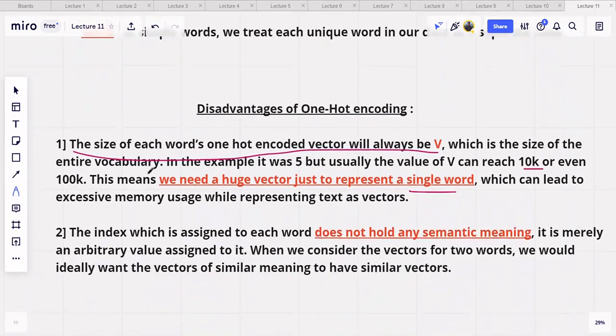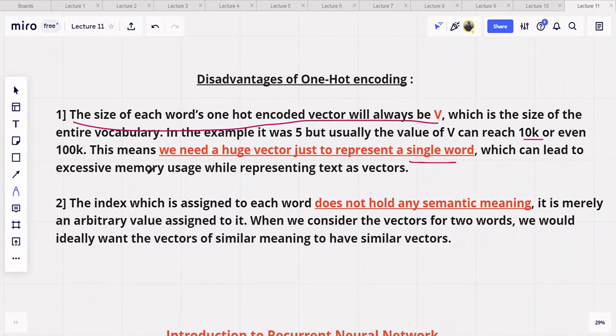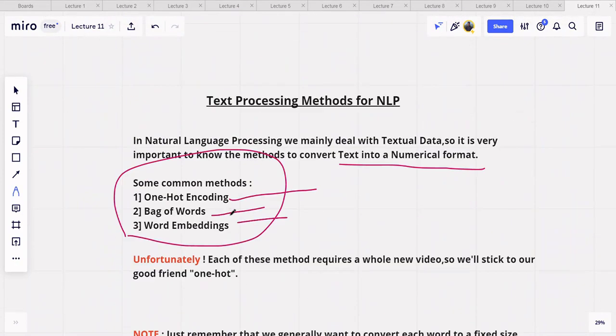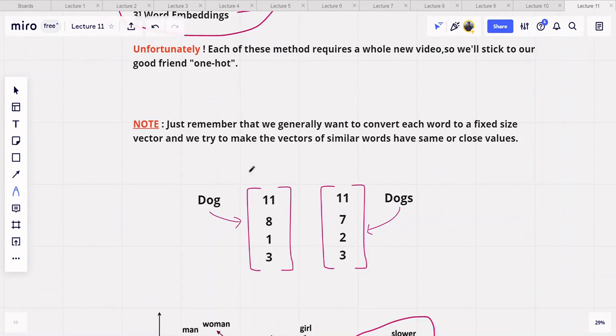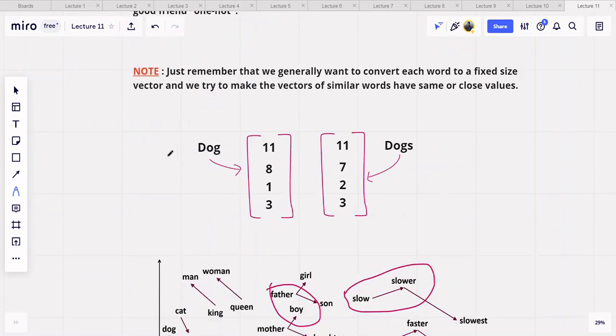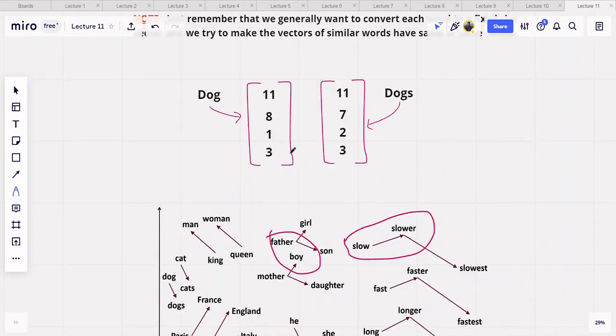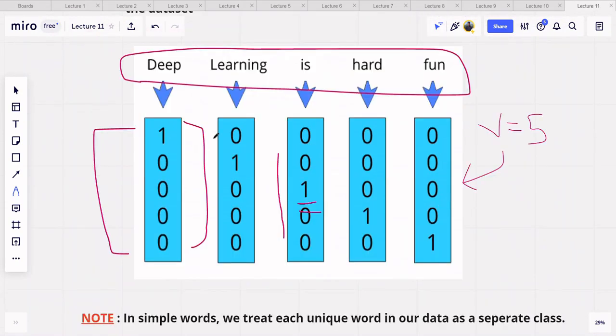The second disadvantage is that it does not hold any semantic meaning. Just as I said earlier, our goal when converting words into vectors is that words that have similar meaning should have similar vector values. But in one hot encoding we cannot do something like that. If I give you this one single vector, I can tell that it represents the word hard, but I cannot tell where the word hard comes in.